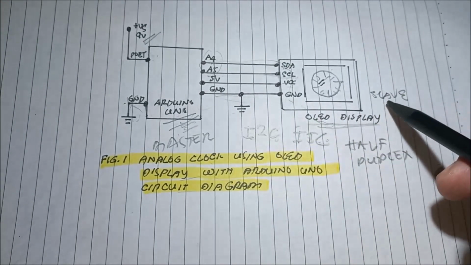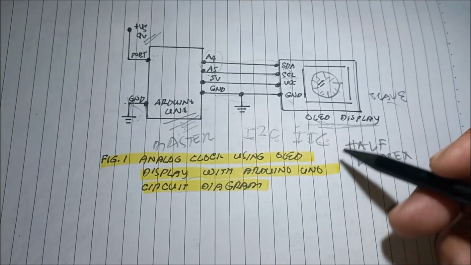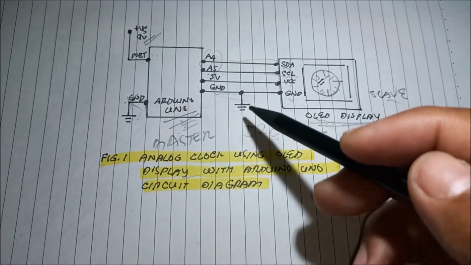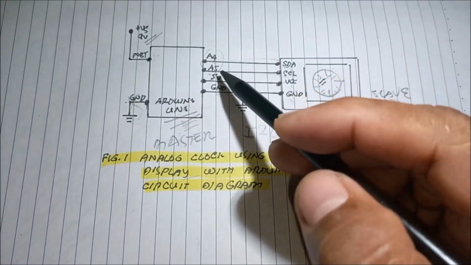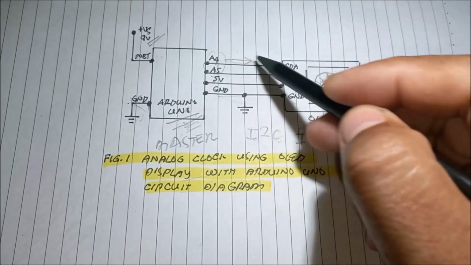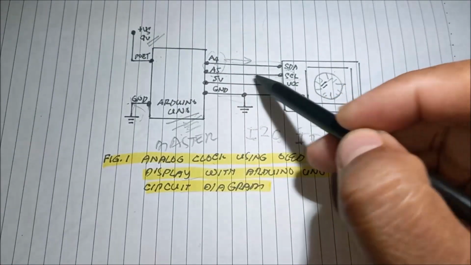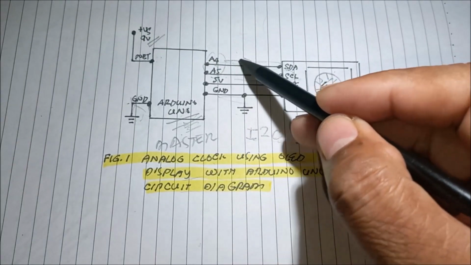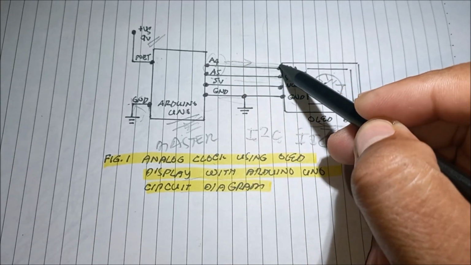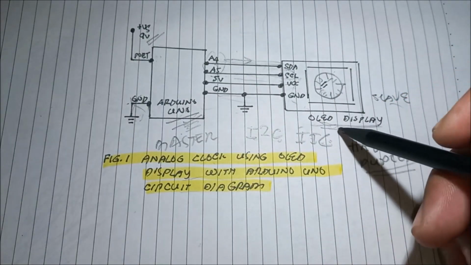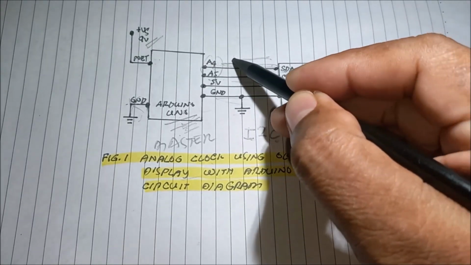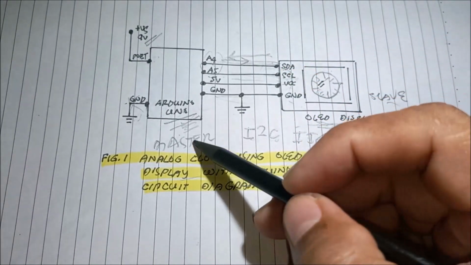One master, one slave. And what is the communication mode? Half duplex. It means when this Arduino Uno is transmitting data through the data line with the use of the clock, it flows in one direction. After receiving by the OLED, it will get the response from the OLED back to the master.